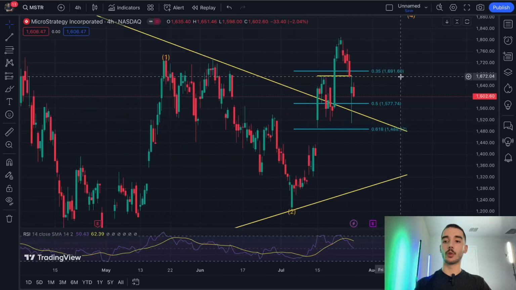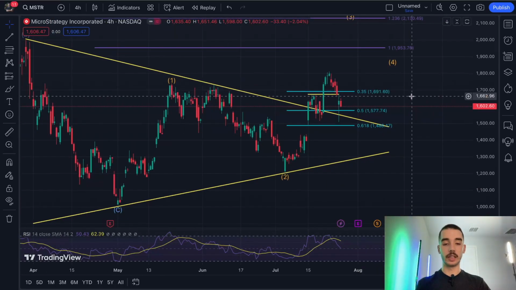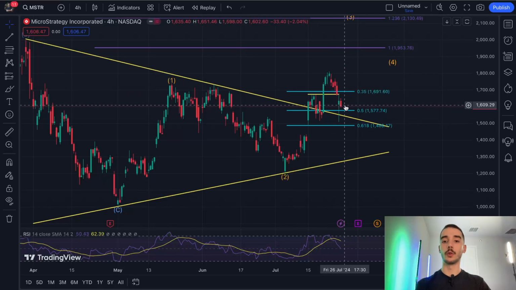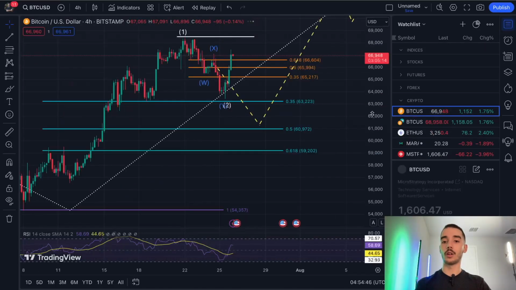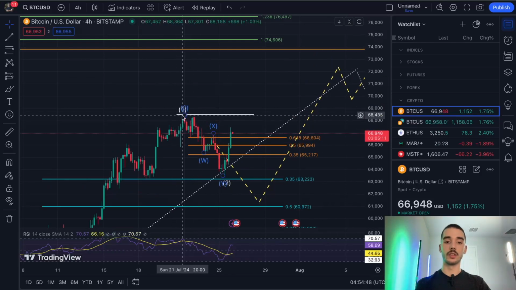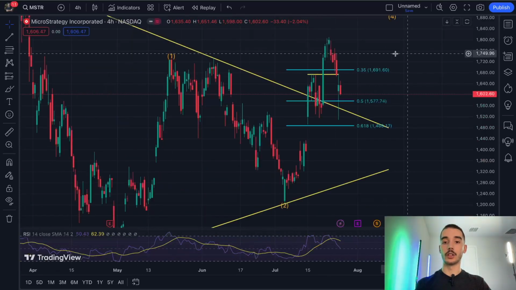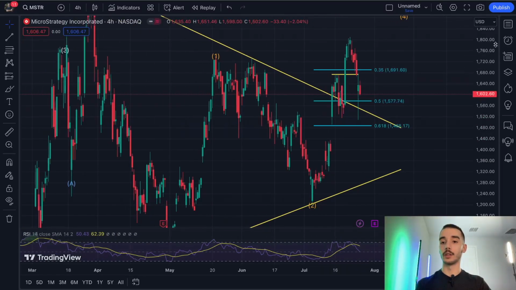Any resistance or extensions of a wave or any short-term fluctuations will highly influence MicroStrategy. Since Bitcoin found resistance right up here and we started falling down, we can obviously see that MicroStrategy also fell when that happened.